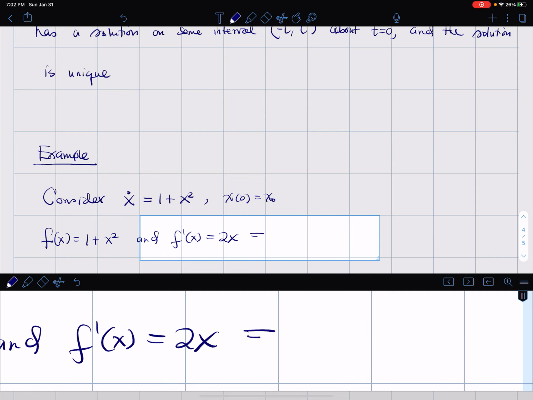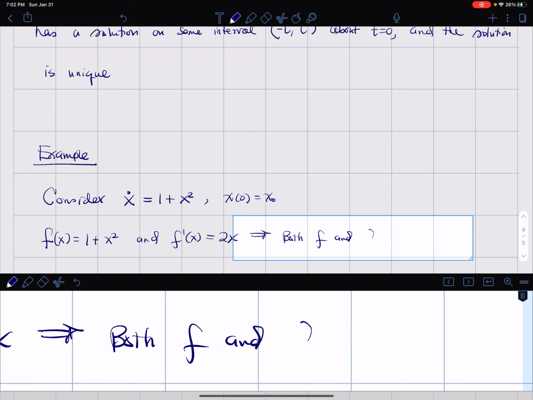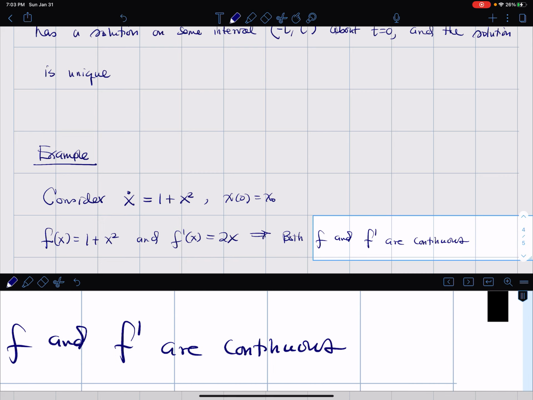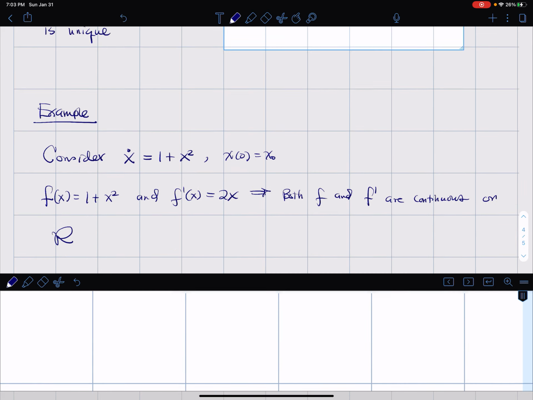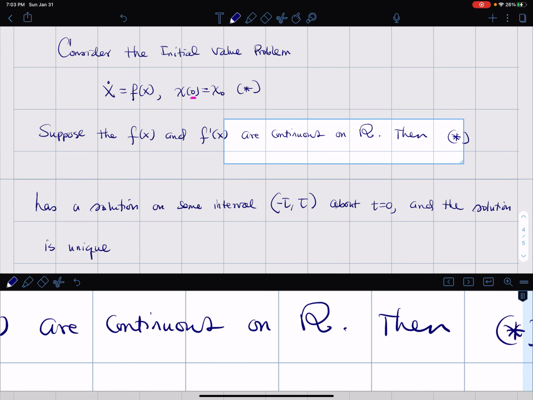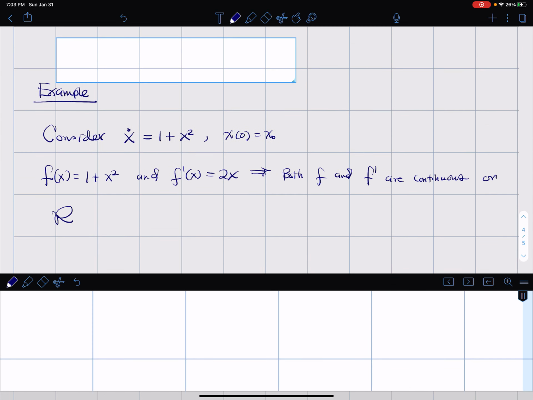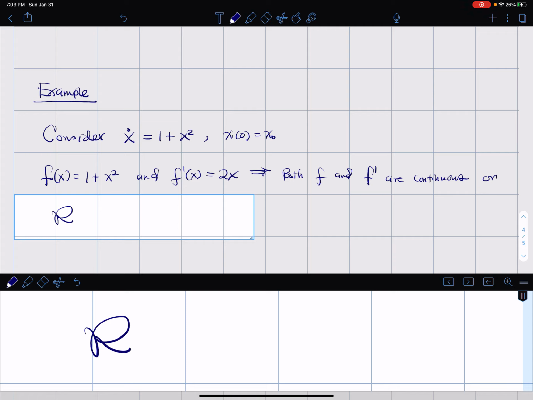So this means that both f and f prime are continuous on R. So let's see. Our theorem says that if they're both continuous on R, okay?